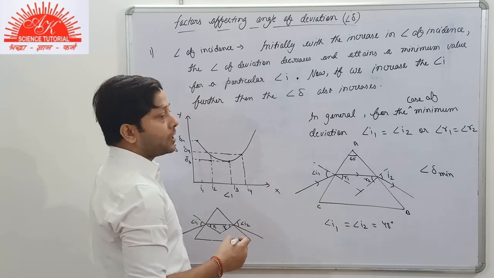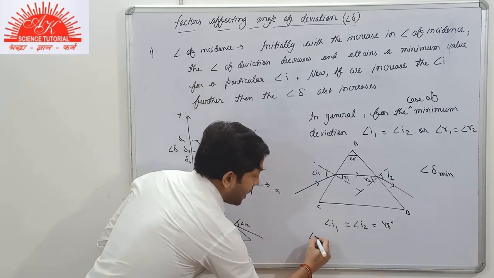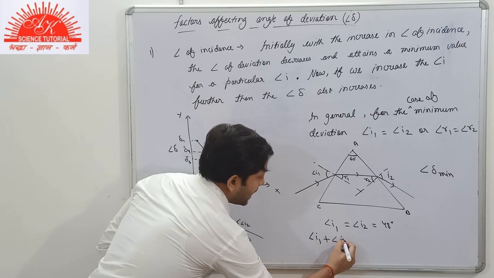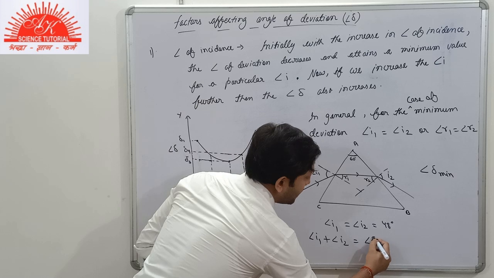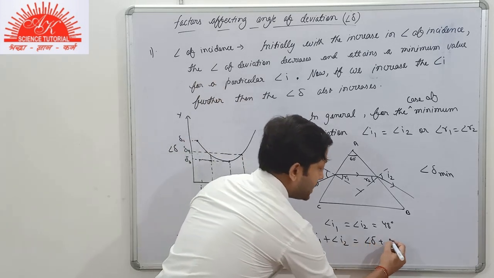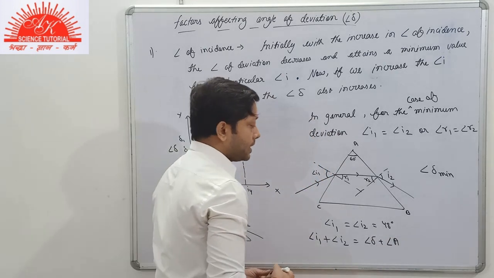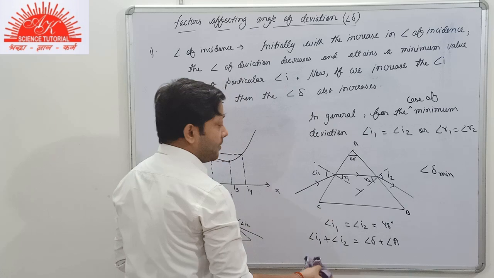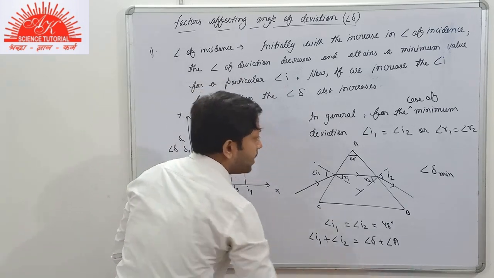I told you about the expression that we derived in the last video, that is angle I1 plus angle I2 is equal to angle delta plus the angle of prism. So we can find the angle of minimum deviation here. It can be found. How? I'll do it here. It's very simple.